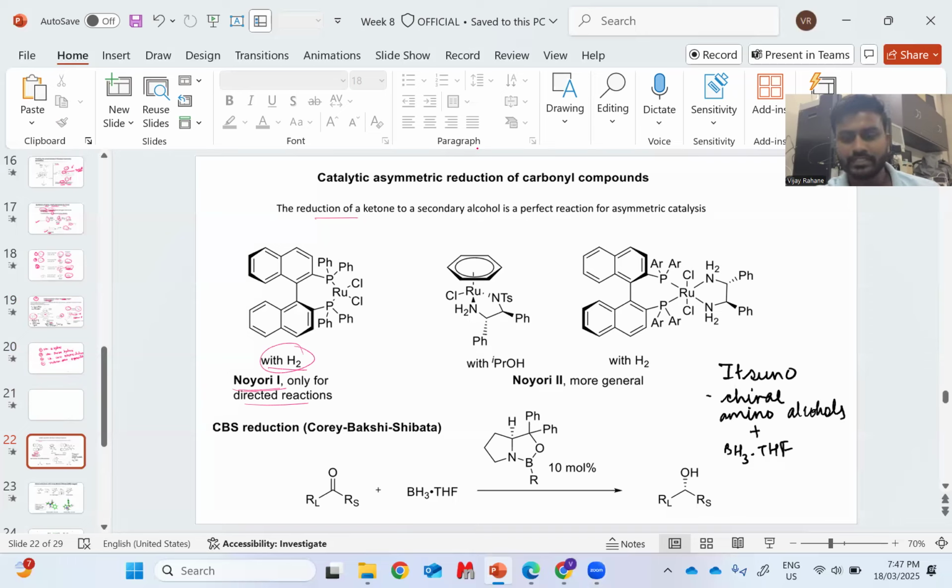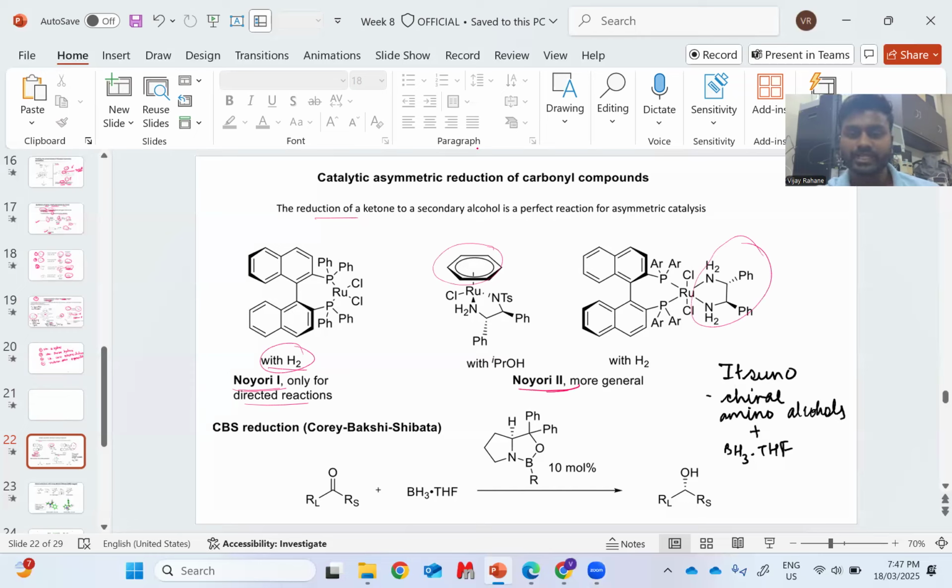Further, the Noyori second generation catalyst is a more general catalyst, again ruthenium based, with the amino group, and this entire asymmetric catalytic core is used for the reduction. Another one is based on BINAP again with ruthenium and the diamine side group.